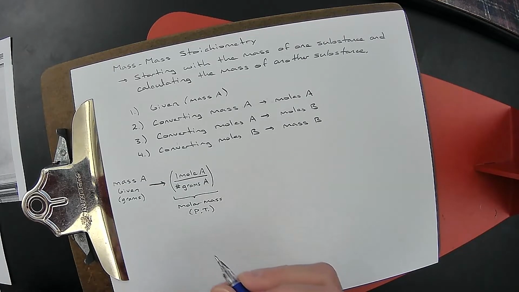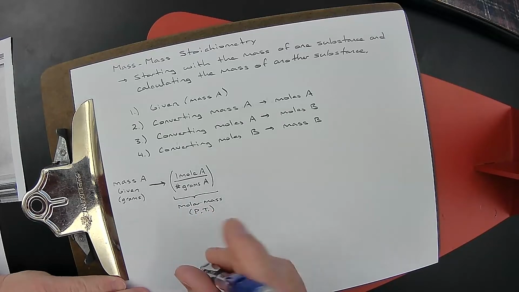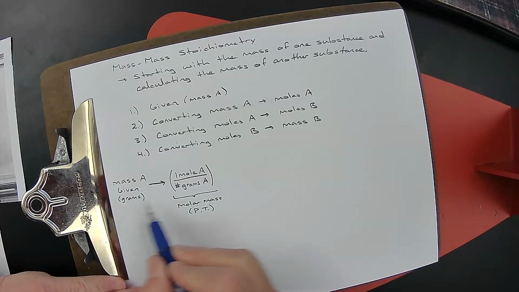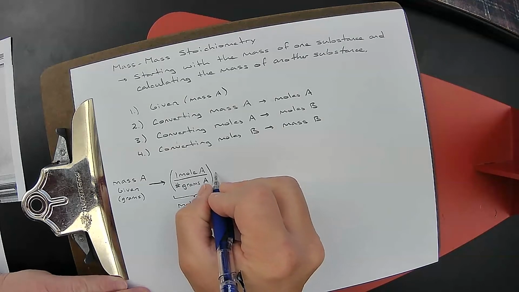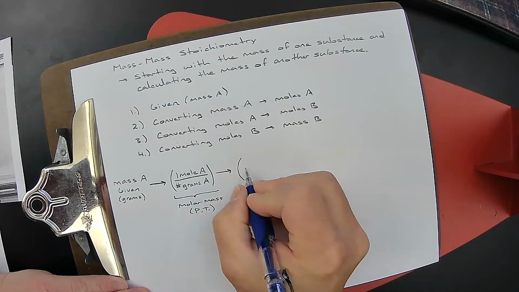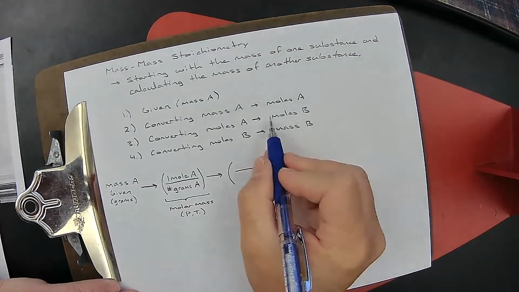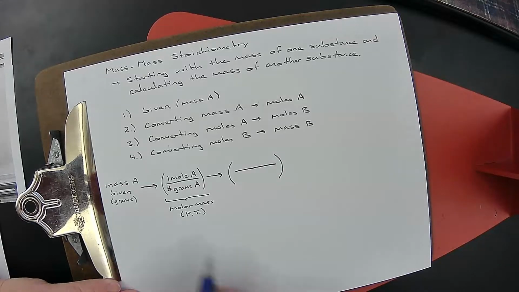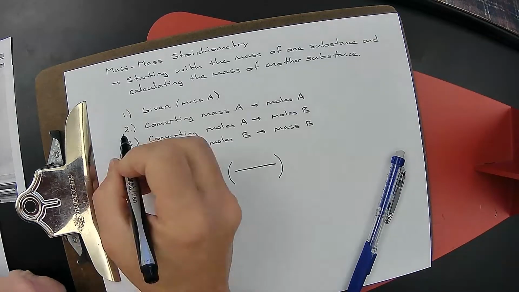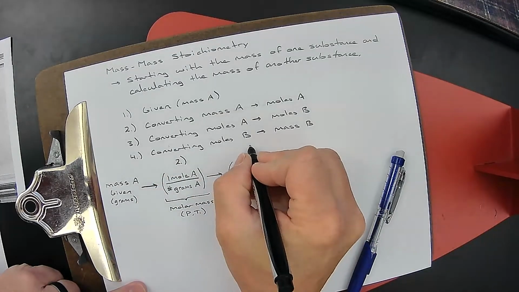Then that allows us to find the number of moles, because the grams will cross out and that will be the moles of A. Then the next step that we're going to use is a conversion to change from moles of A to moles of B. So this up here is step number 2, and this will be step number 3.